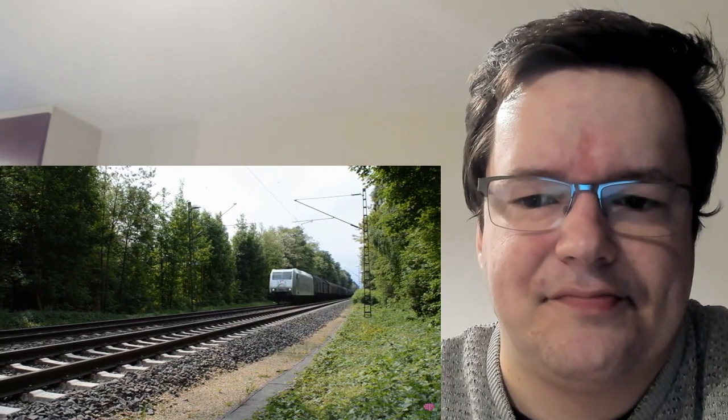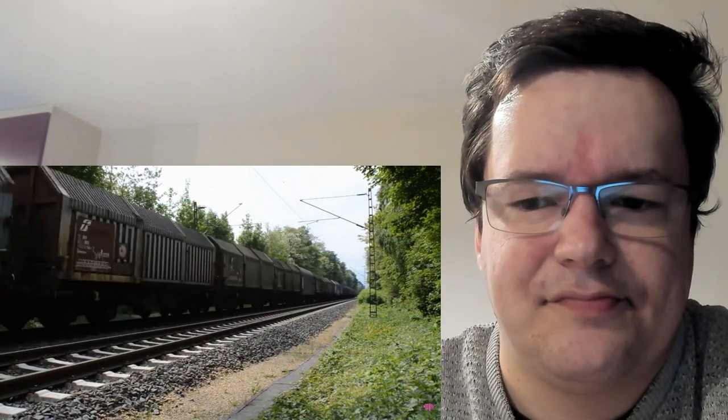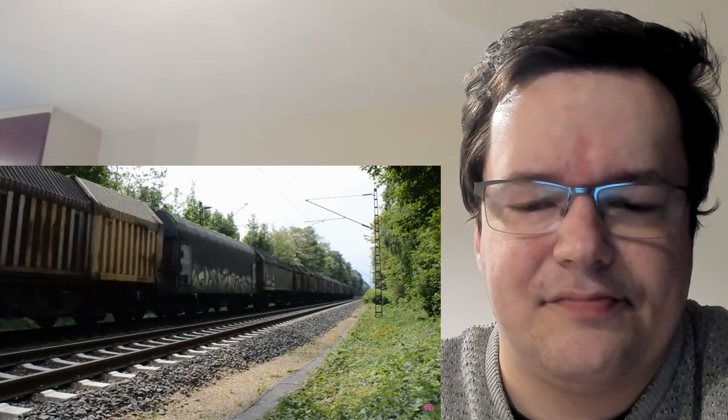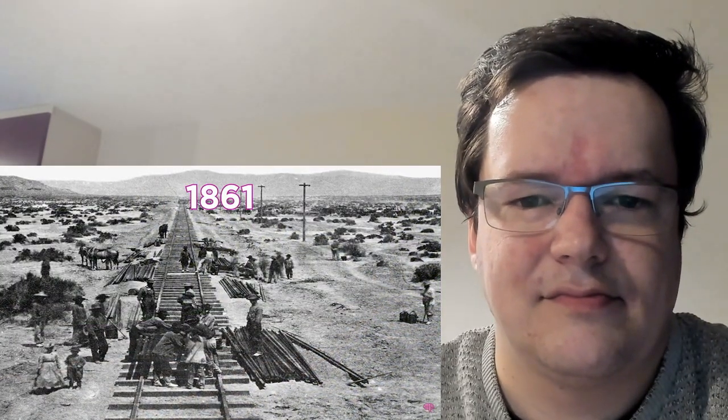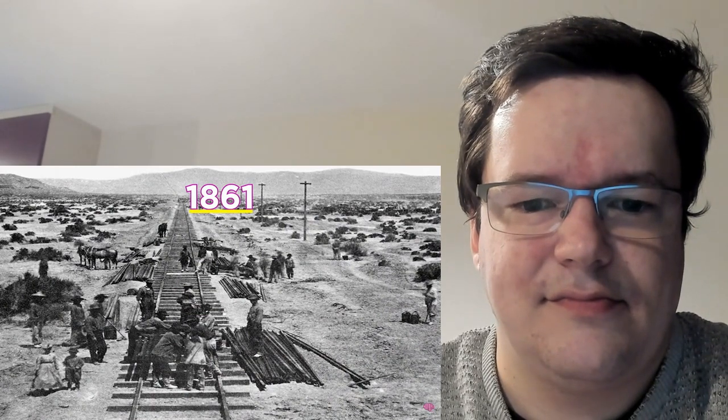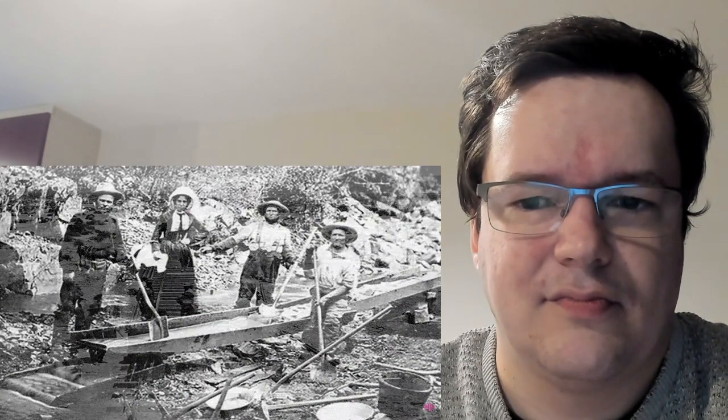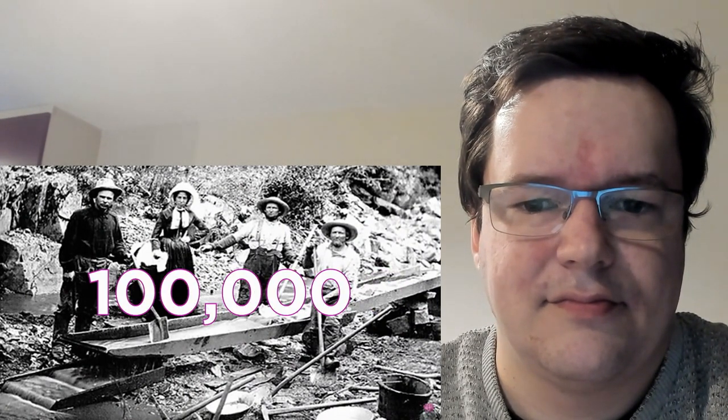The railroad was also a huge factor in determination of state borders, mainly in the Midwest states. The railroad facilitated the transportation of goods throughout the United States, but it wasn't until 1861 that the railroad track construction made its impact. In Colorado, a gold rush brought more than 100,000 people to the area.